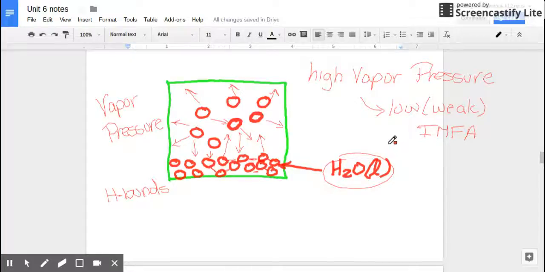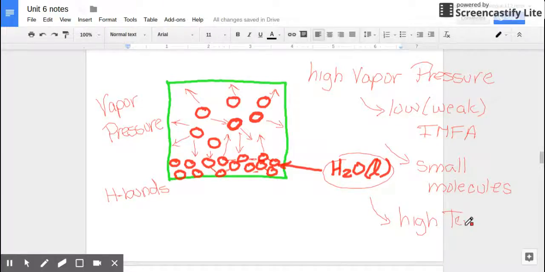The other way that you can exert a high vapor pressure is to be a small molecule, because small molecules tend to evaporate quicker than larger molecules. So small molecules also have higher vapor pressures. And the last thing, which is going to be the one that we're going to focus on in the next slide, is high temperatures.